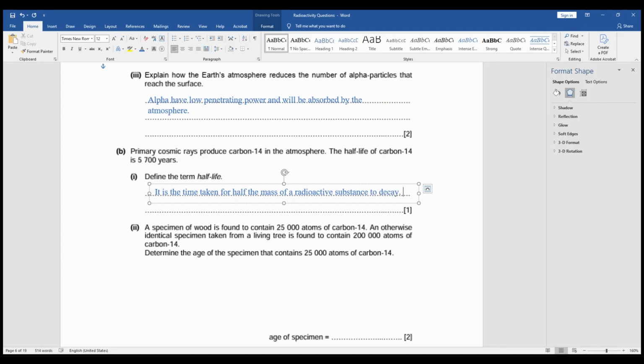It's half the mass. And then once again, we have to calculate half-life.